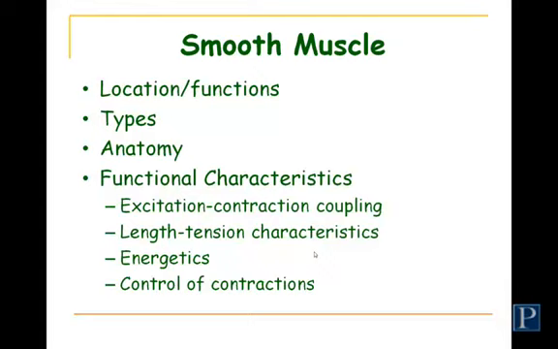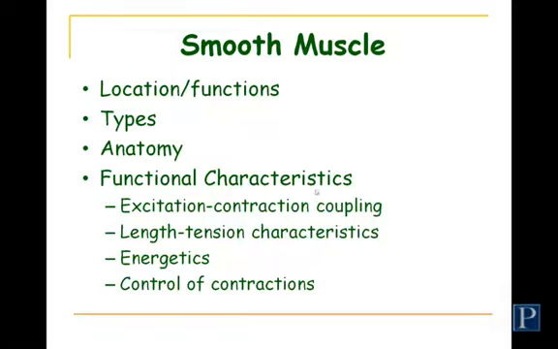We're going to be looking at excitation-contraction coupling, how it's similar and slightly different than skeletal muscle. We'll be looking at the length-tension characteristics in smooth muscle, energetics, in other words the energy involved in smooth muscle contraction, and also the control of smooth muscle contractions.